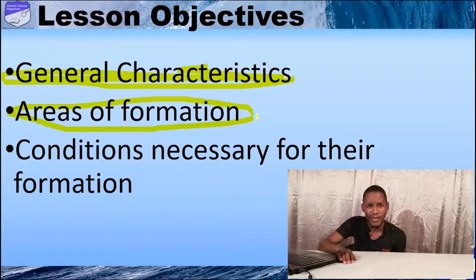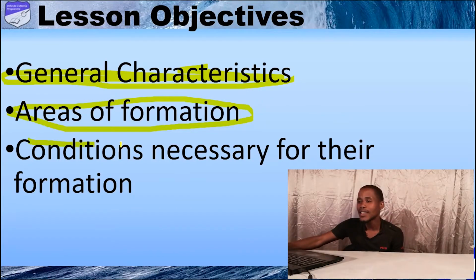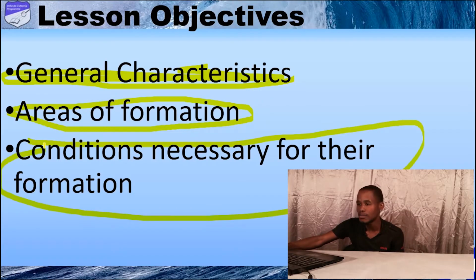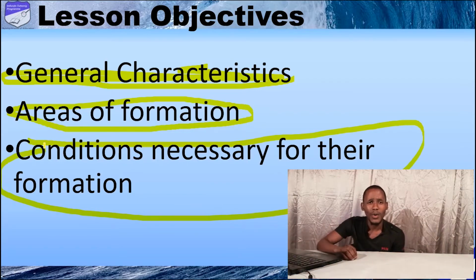Then last, we're going to look at the recipe for a tropical cyclone. What are the prerequisites for it to form? For example, there needs to be high temperatures, there needs to be high humidity, and so on. We cannot get into details now.